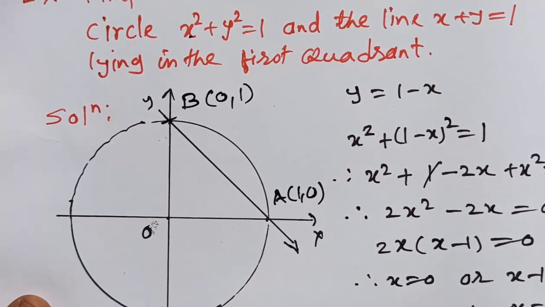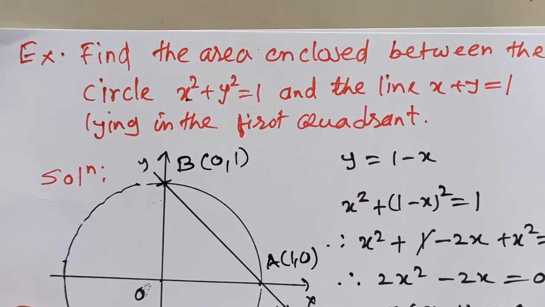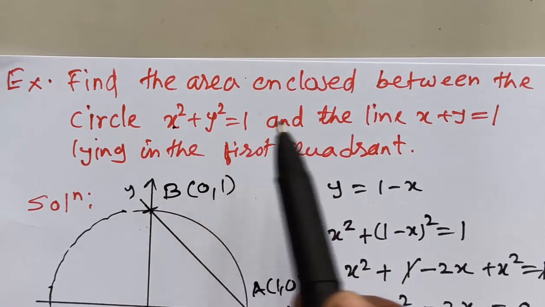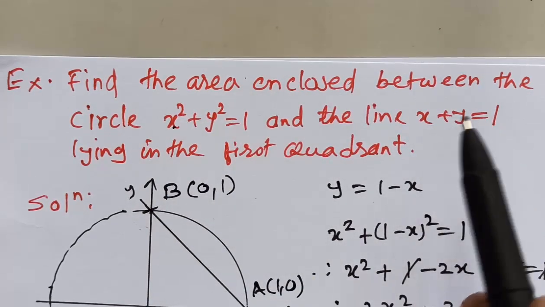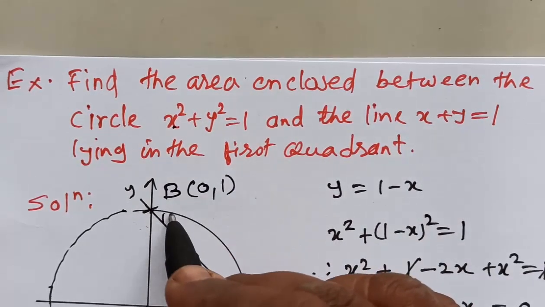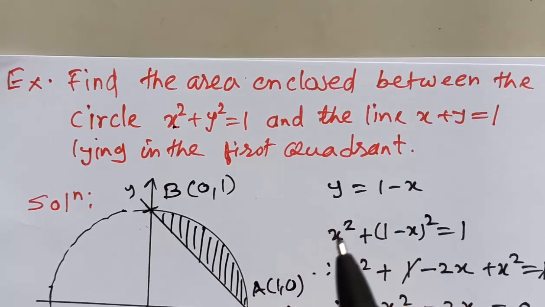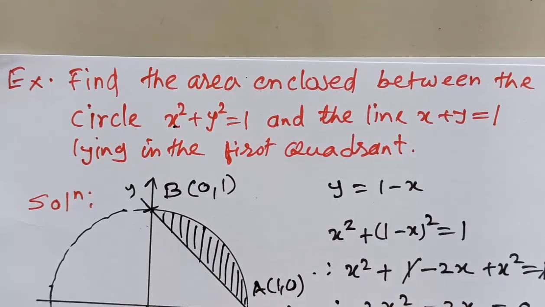Now, the required area enclosed between the circle x square plus y square is equal to 1 and the line x plus y is equal to 1 is this area. This area is bounded by the circle and bounded by the line.